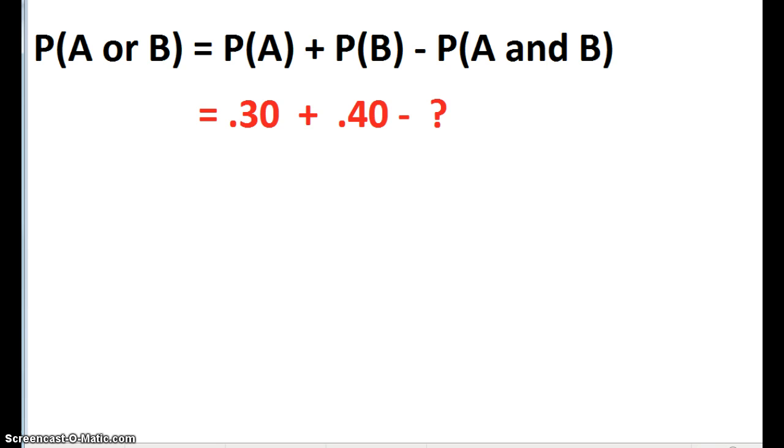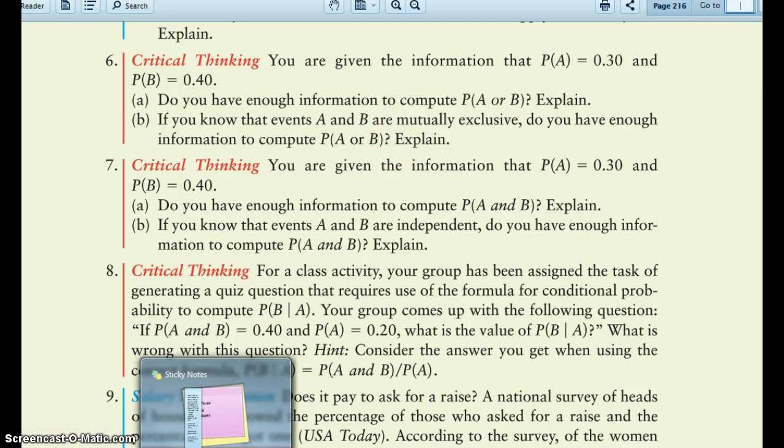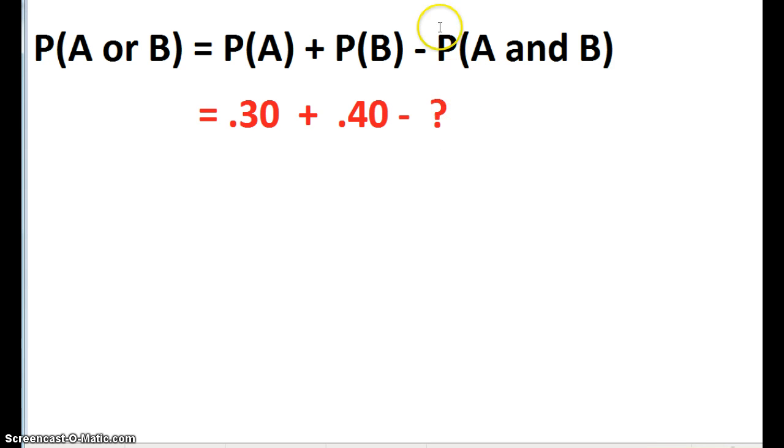But if you look at part B of the problem, it says if you know the events are mutually exclusive, do you have enough information to compute the probability of A or B? Well, if we know they're mutually exclusive, that means the probability of A and B occurring at the same time is 0.